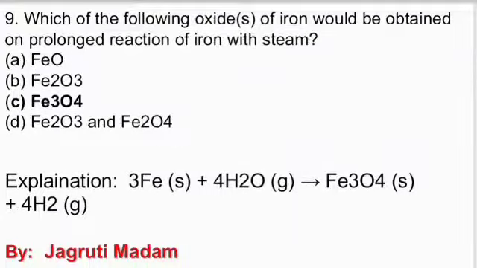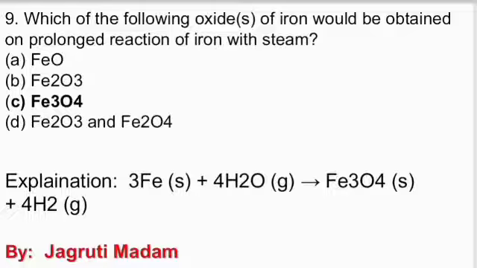Question number 9. Which of the following oxides of iron would be obtained on prolonged reaction of iron with steam? The options are FeO, Fe2O3, Fe3O4, and Fe2O4.